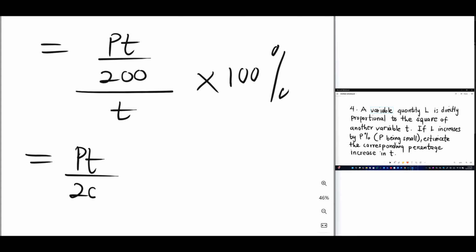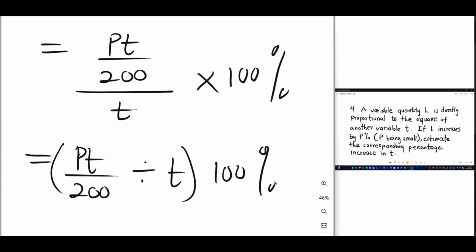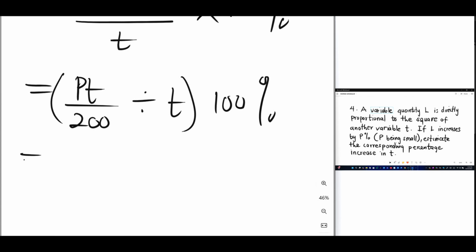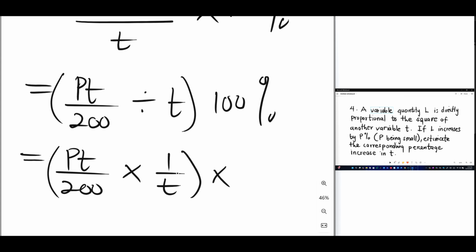And this will give us PT divided by 200 divided by the T, right? So I'm just expressing it in this form, multiplying 100%. And here we are going to get it as PT divided by 200 times the reciprocal of T, which is 1 divided by T, multiply 100 percent.